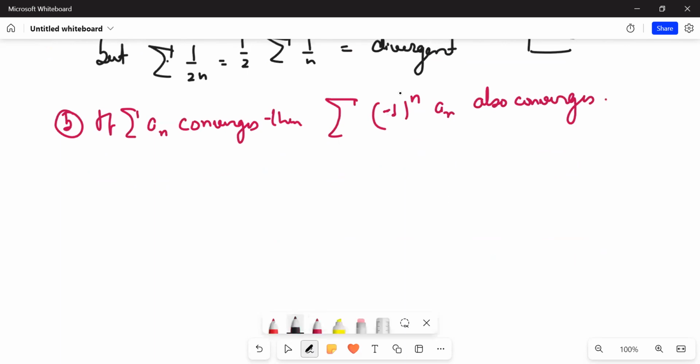Now see, if I want to prove its convergence, I know that summation an is convergent. I'll take an absolute value of it.